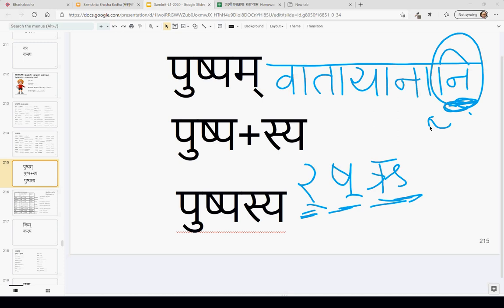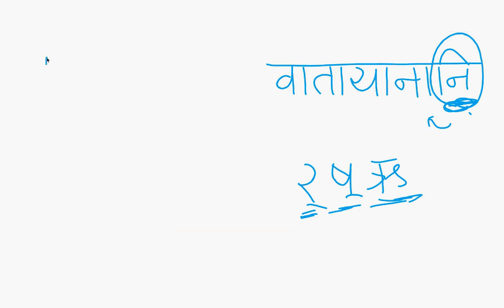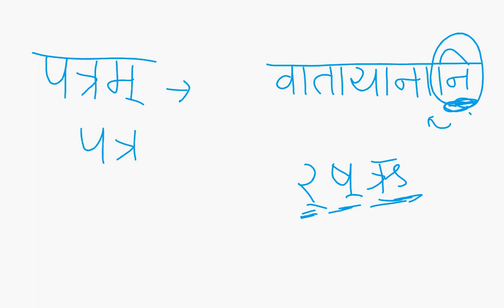Patram. Yes, but I was looking for an example where it is immediately preceding. There are no other letters in between. Okay, so here the bahuvachanam is patra, and the bahuvachana suffix is usually ni.